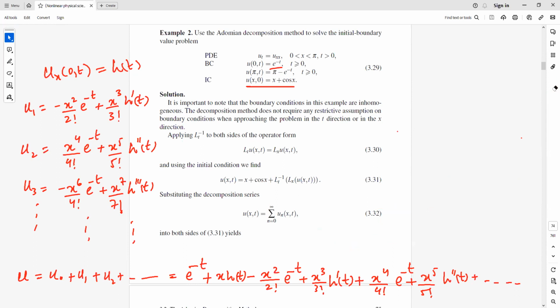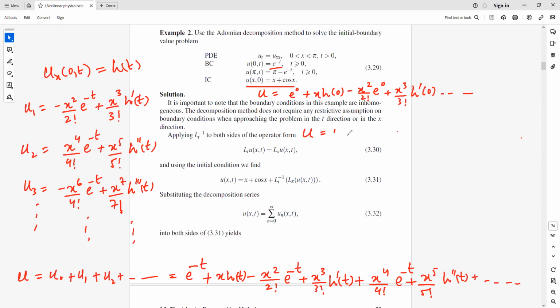Therefore, we can just write in this way, that is u equals now e to the power 0 plus x h of 0 minus x squared over 2 factorial e to the power 0 plus x cube over 3 factorial h prime of 0 and so on.